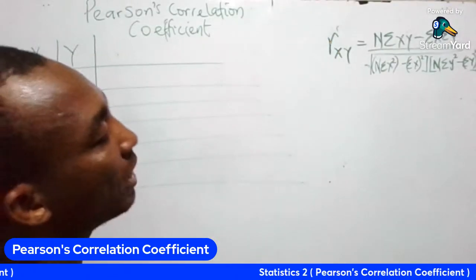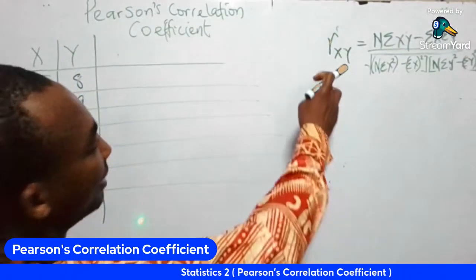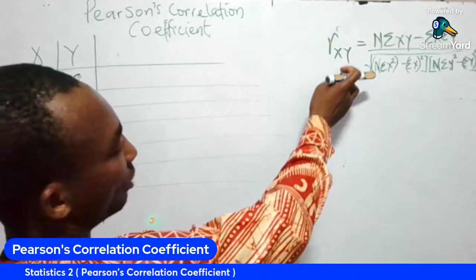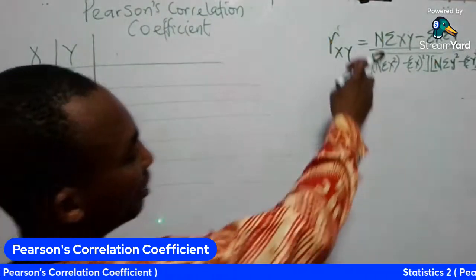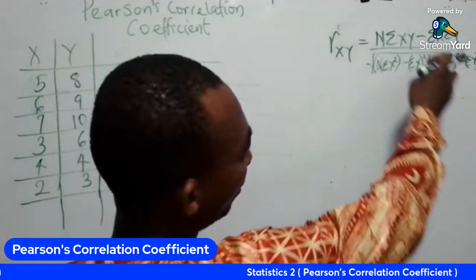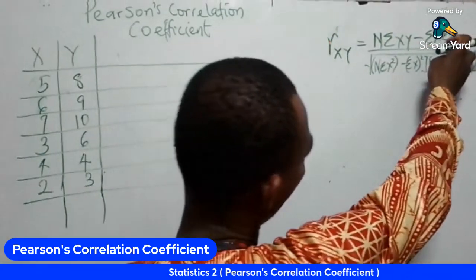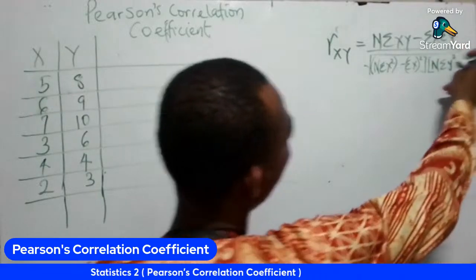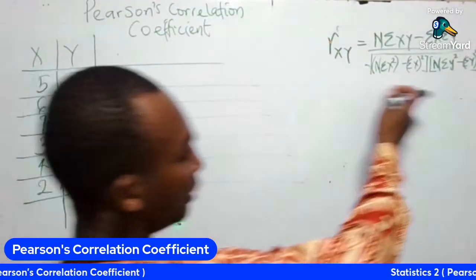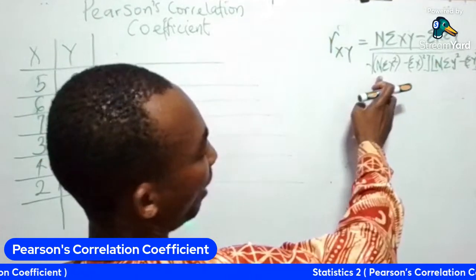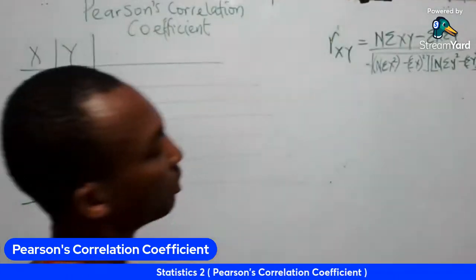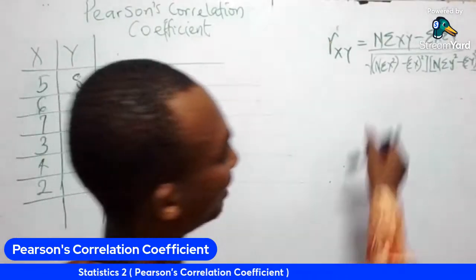The Pearson correlation coefficient r is equal to n summation xy minus summation x summation y. Everything in the denominator, you are going to square the whole of the answers, which is talking about n summation x squared.